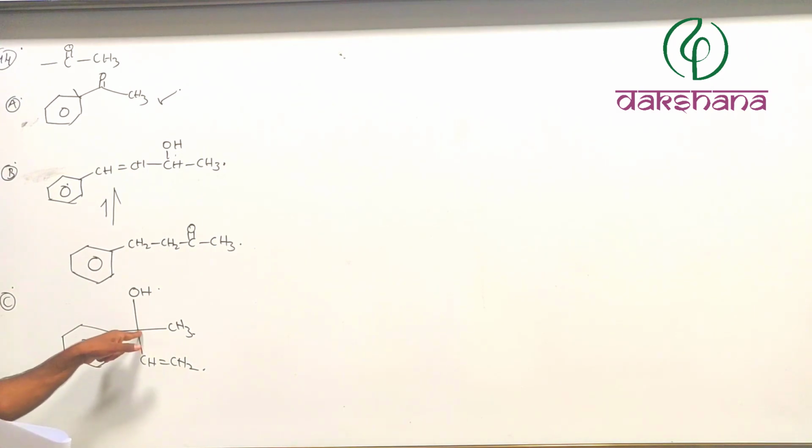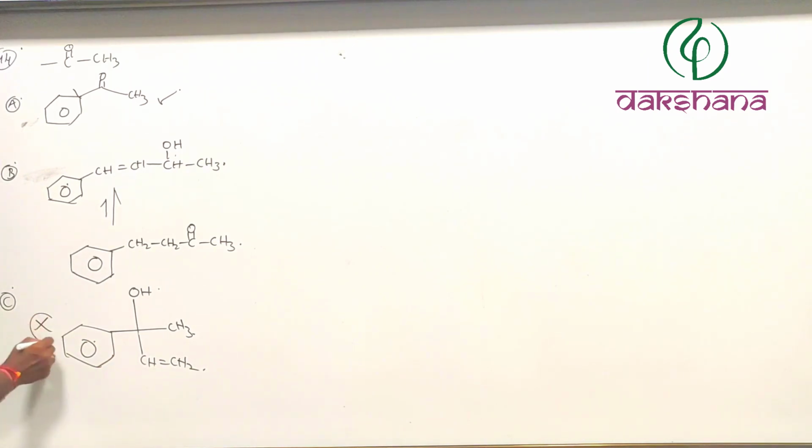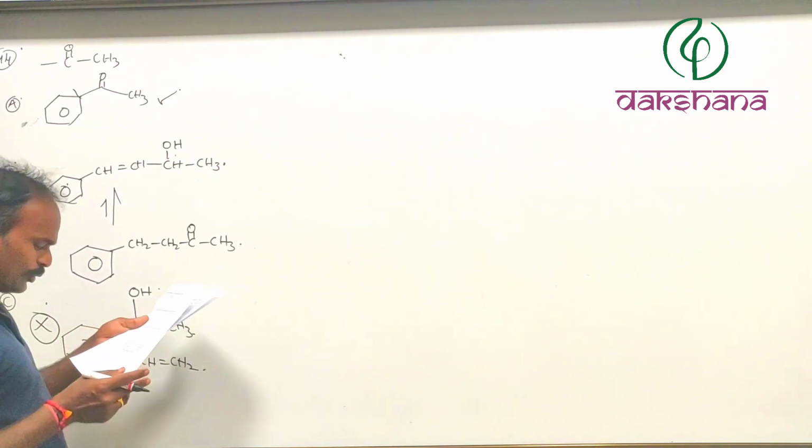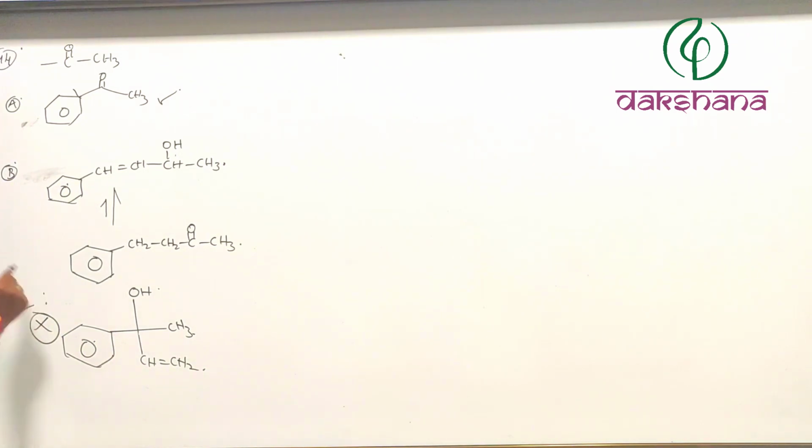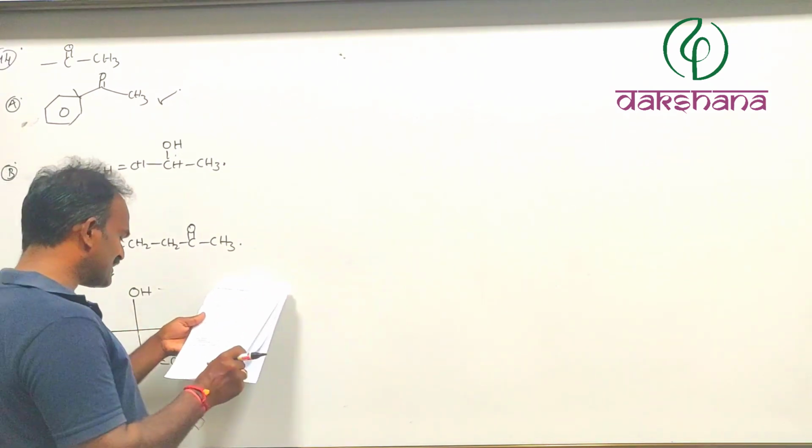Here there is no hydrogen on this carbon, therefore keto-enol tautomerism is not possible. Hence the C double bond O CH3 group is also not possible. Whereas in option D, the C double bond O CH3 group is present, therefore that can exhibit the test. Whereas option C does not exhibit it.